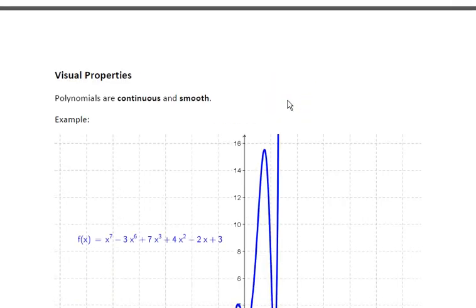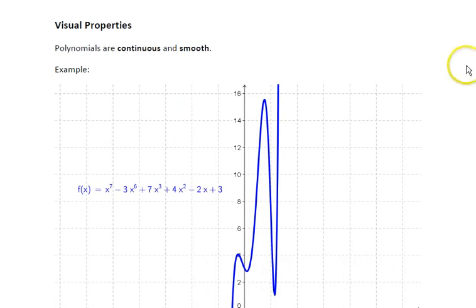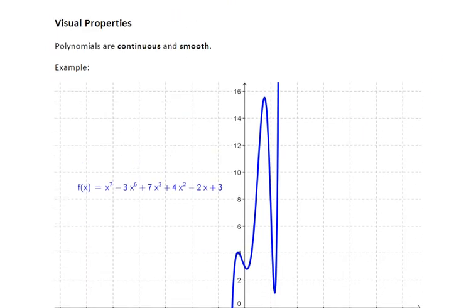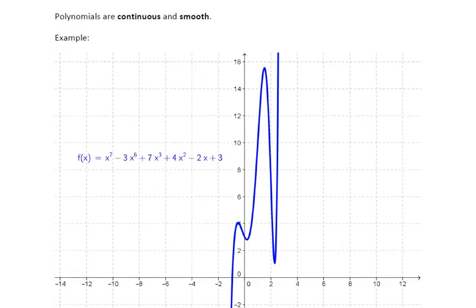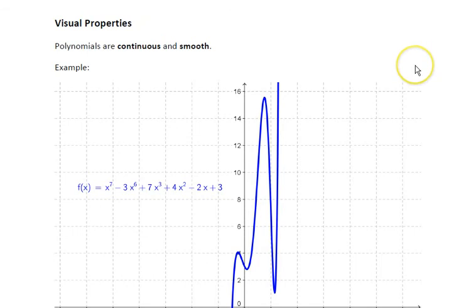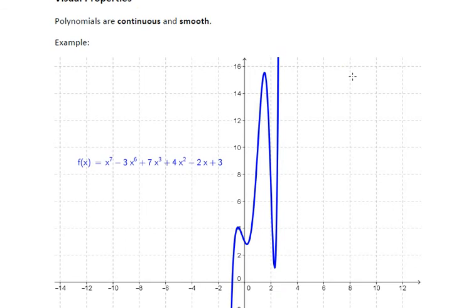Visual properties of polynomial functions. Polynomials are continuous and smooth. Look at this example here. Continuous: if you look at the graph of the polynomial, it is unbroken.